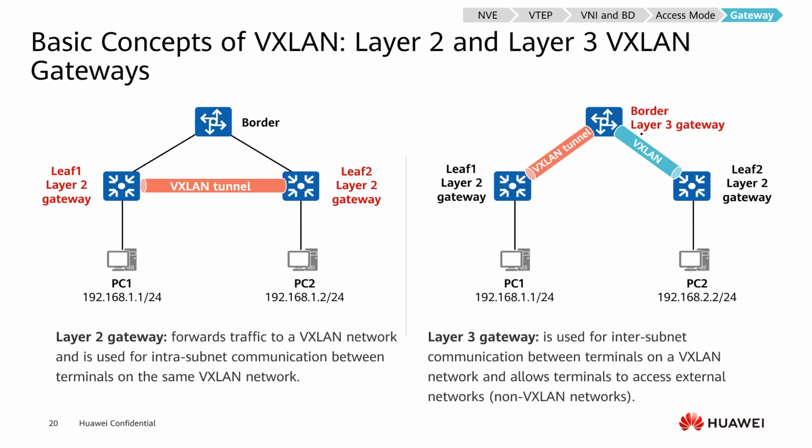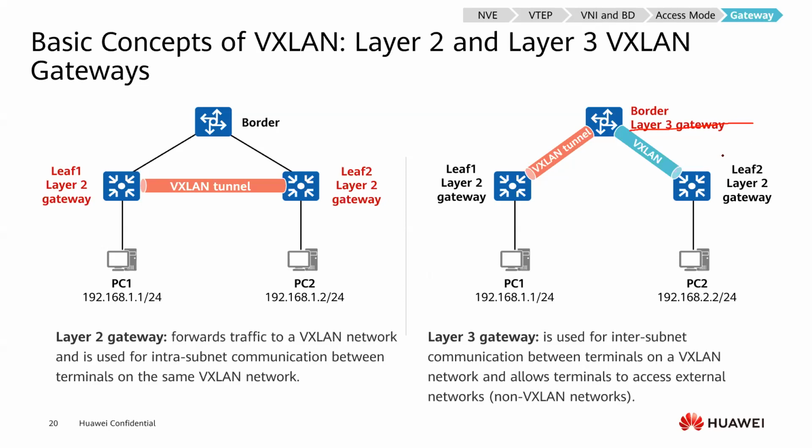So what is the layer 3 gateway? Just imagine in our traditional VLAN network, we use VLAN technologies to divide the network into different logical broadcast domains. Within the broadcast domain, we can use the VLANIF interface to function as the layer 3 gateway. For VXLAN, it is the same.